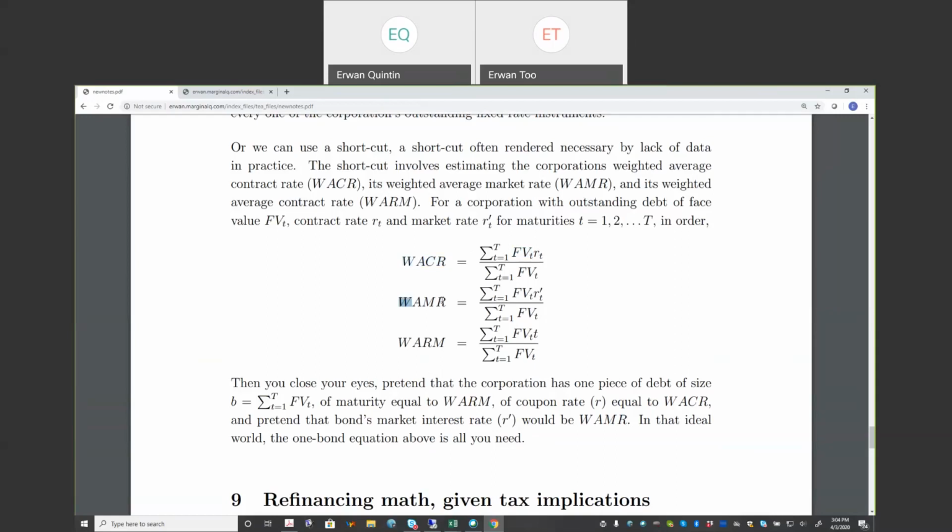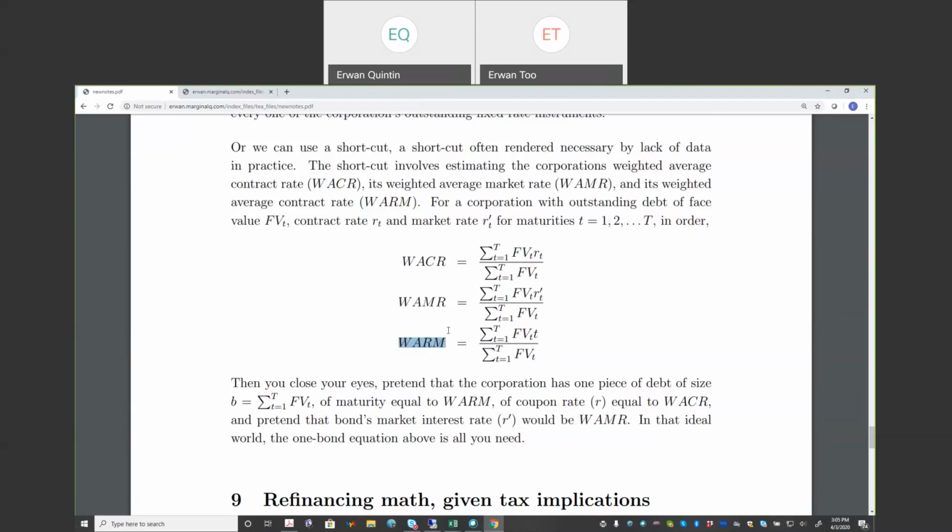Likewise, I can do exactly the same calculation for the market rate. I can just say that on average, this is the market rate that this corporation would be charged on the type of debt that it has. Either people do this in practice, but more frequently they use what we call the weighted average remaining maturity, or WARM. And what is WARM?